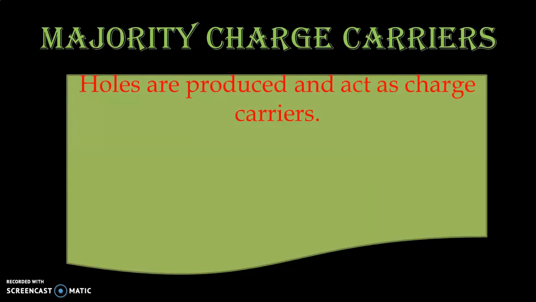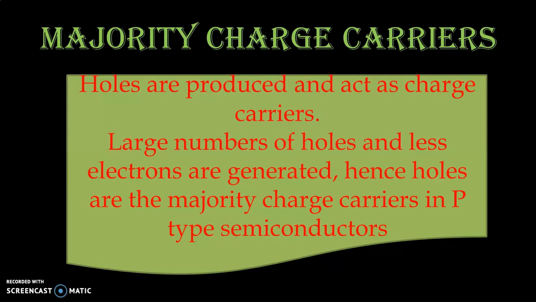Majority charge carriers: holes are produced and act as charge carriers in P-type of semiconductor material. As temperature increases and some more covalent bonds are broken, a large number of holes and fewer electrons are generated. Hence, holes are the majority charge carrier in P type of semiconductor material and electrons are the minority charge carrier.